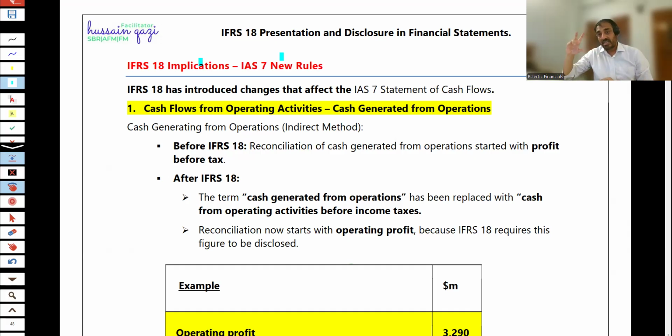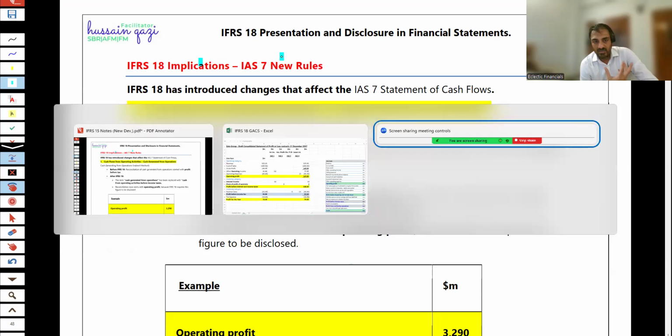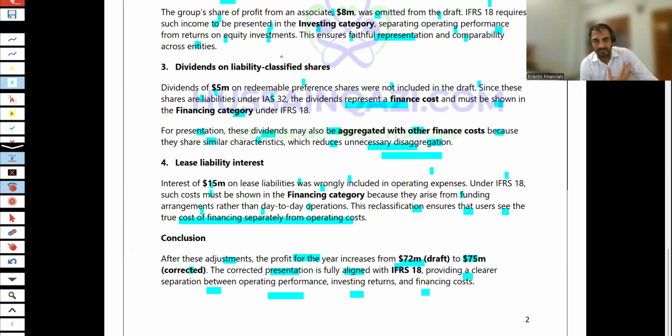Cash flow from operating activity is about cash flow from the core activity of the business. So there is a difference for investing and financing as well. The first implication that affects the IAS 7 rules is about presentation.